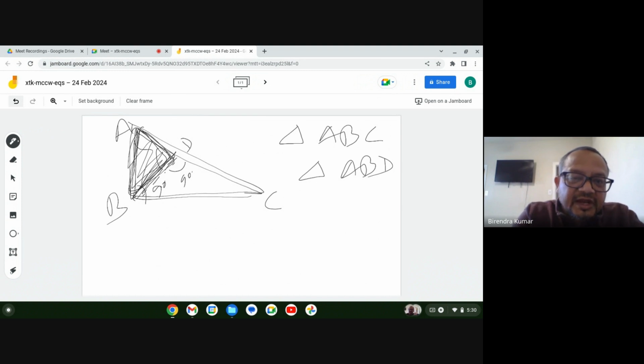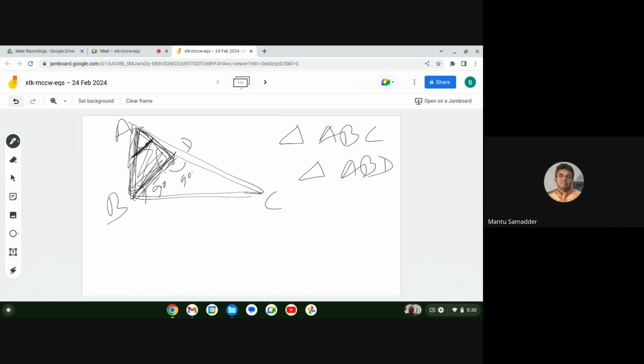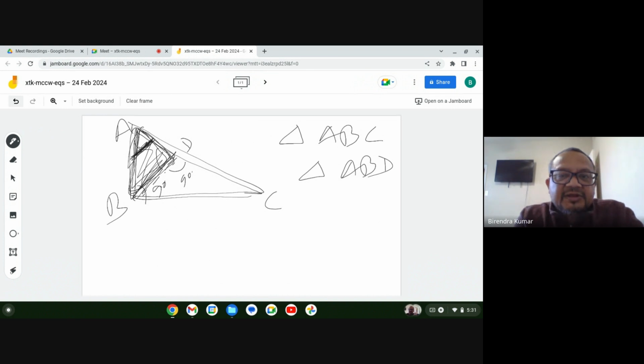Now between these two triangles, what do you see? Angle A is common between these two triangles, right? So one angle is matching between the two triangles ABC and ABD. Now look at the second angle, angle BDA. What is the value of this angle?